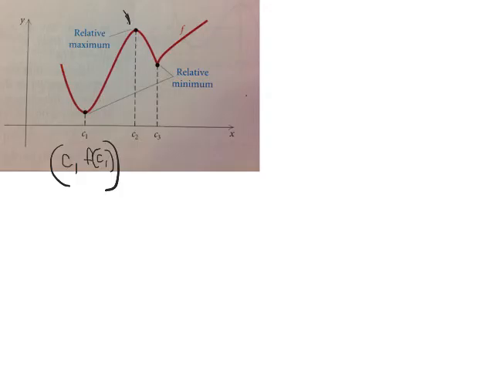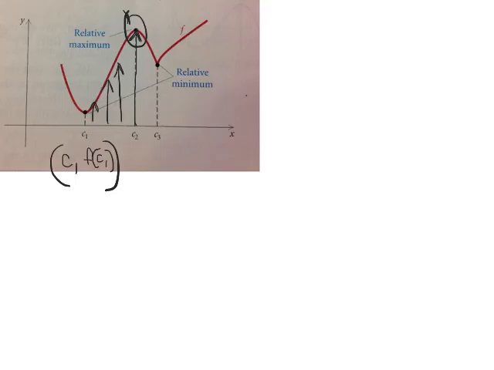So we're going to look at this point right here. If there exists an open interval I containing c such that f(c) is greater than f(x) for all x in the interval where x is not c. Okay? So what we're doing here is looking for a y value, an f(c) value, that's bigger than any of the other y values here. And they're calling them f(x) values. Okay, so that would be a relative maximum.